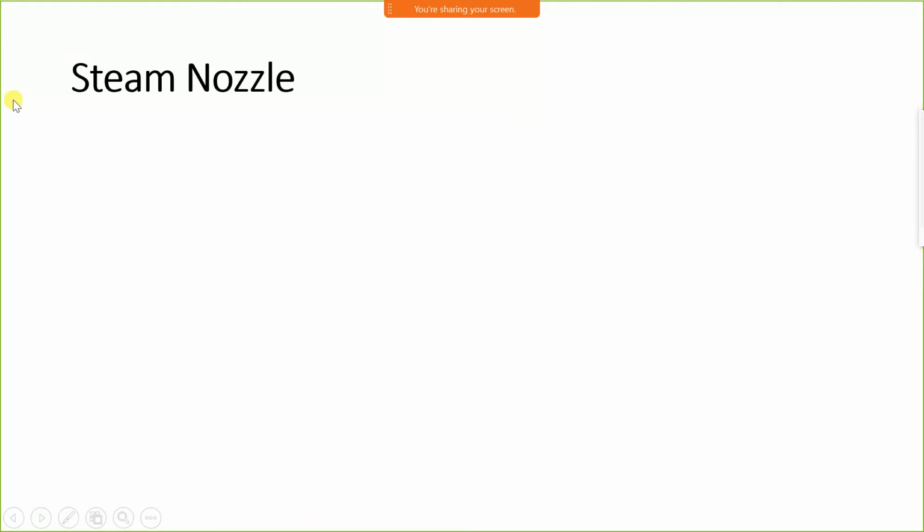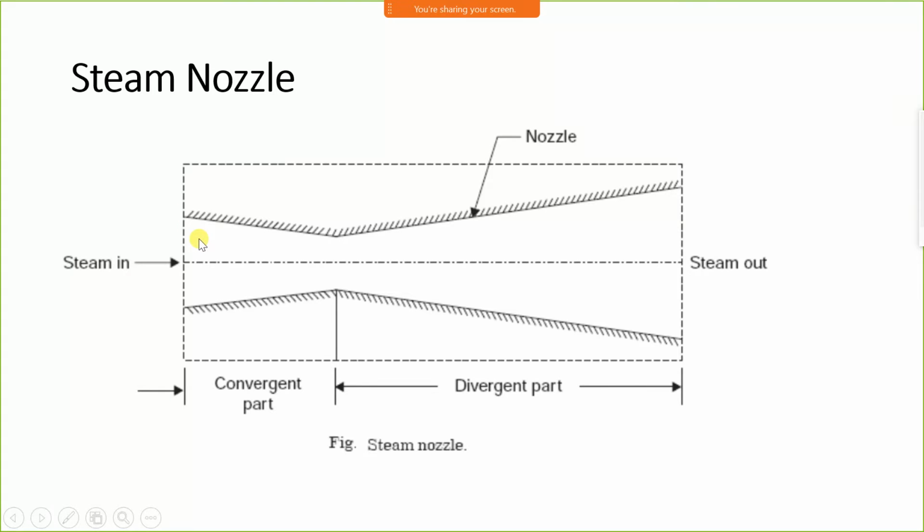Steam nozzle. We know the nozzle. A nozzle is a device used to increase the velocity of the fluid. Here we are talking about the steam nozzle. Steam is water in the form of gas, water in the form of vapor.